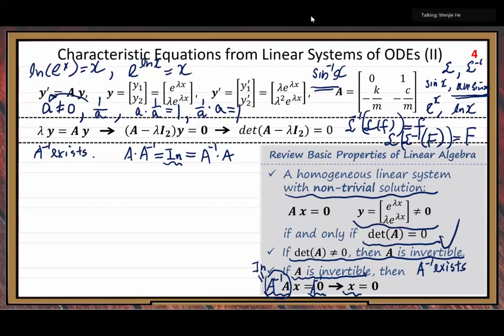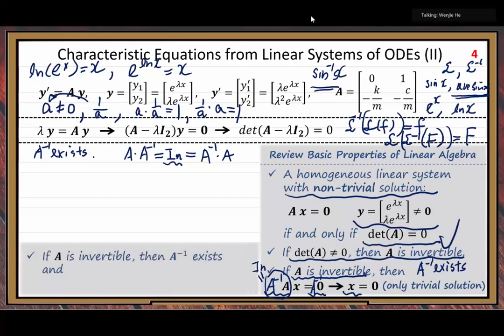The only solution must be the trivial solution. So we use the matrix inverse property to tell us if the homogeneous linear system has a non-trivial solution or not.